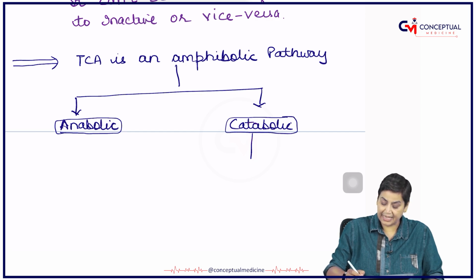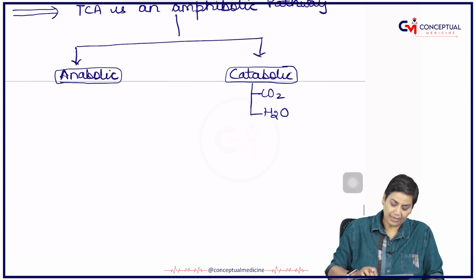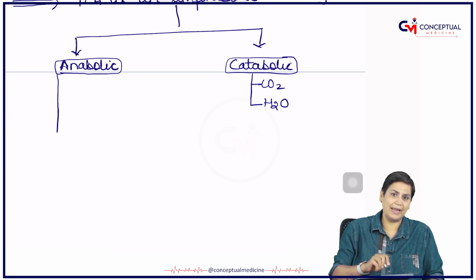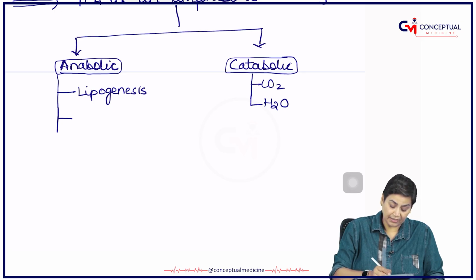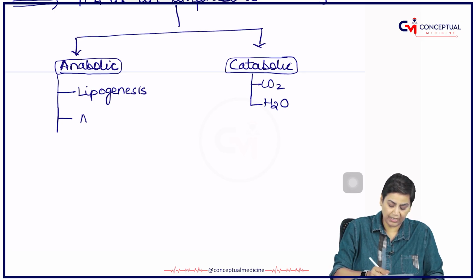Catabolic, I can simply say, as you saw also, it is forming carbon dioxide, and later on you will see it is leading to the formation of water also. Now coming over to the anabolic role, the most important role played by TCA cycle is that it undergoes lipogenesis. It is required for the synthesis of fats, one thing, and it is linked to the amino acids also.